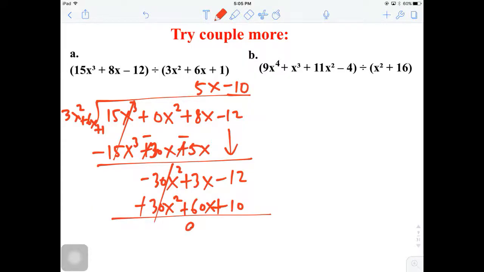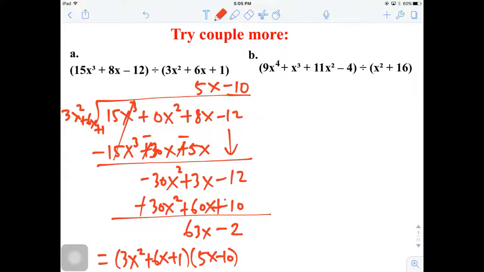I've got 63x minus 2. And so I'm going to write the answer here. It's equal to the divisor, which is 3x squared plus 6x plus 1, times the quotient, which is 5x minus 10, and then plus the remainder, so that's plus 63x minus 2, and that's the final answer for this problem here.